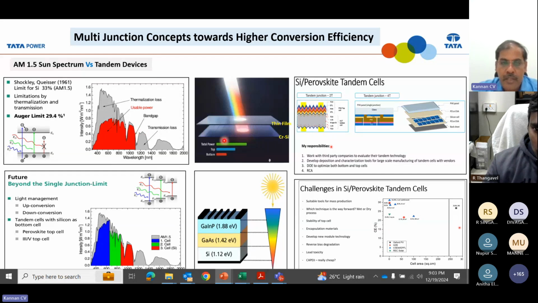That's why, if you add another material on top of the silicon, that material will absorb this UV light and convert it into electricity.